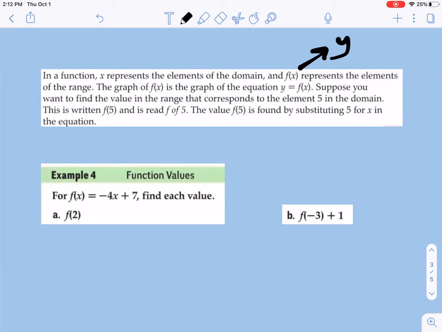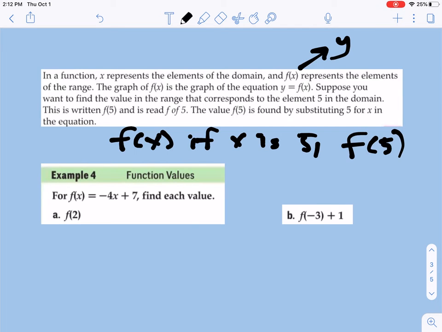Instead of writing f of x, if x is 5, they write it quicker, like this, and you read it f of 5. The value f of 5 is found by substituting 5 in, so you would just put 5 into the equation.